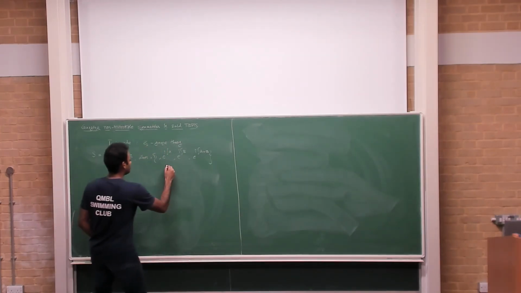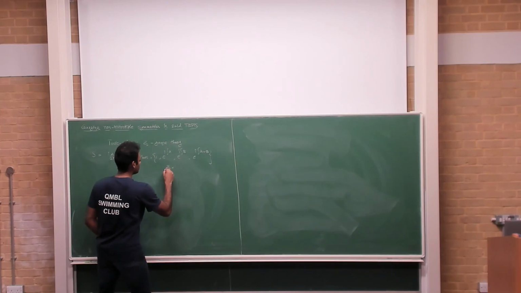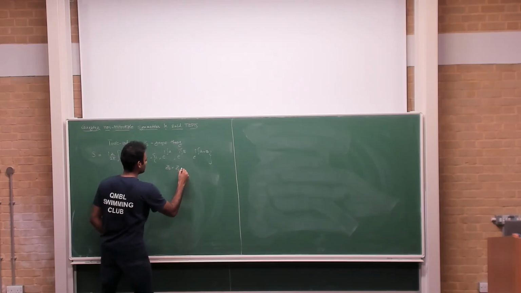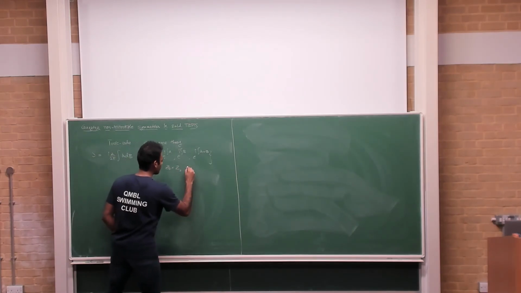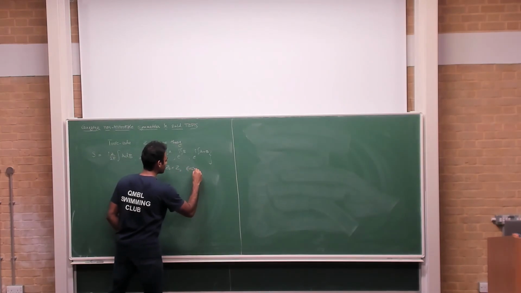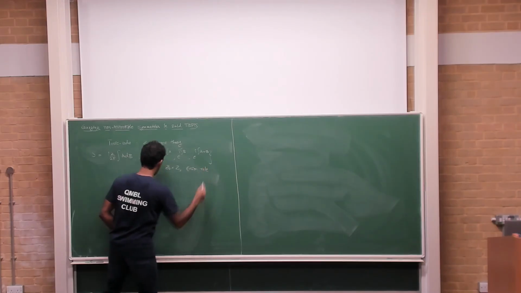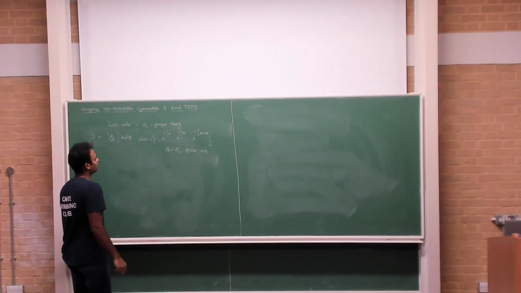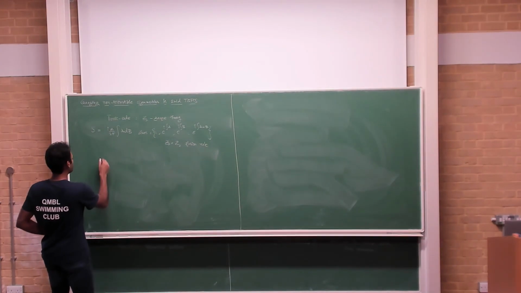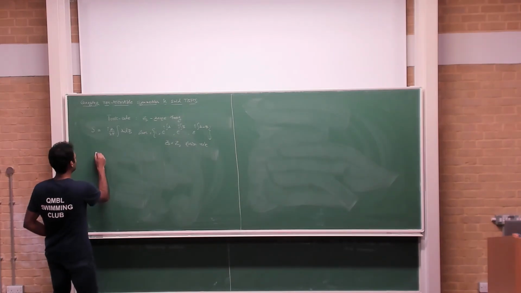And they have a Z2 times Z2 fusion rule. But it's usually easier to denote them as 1, E, M, and F.